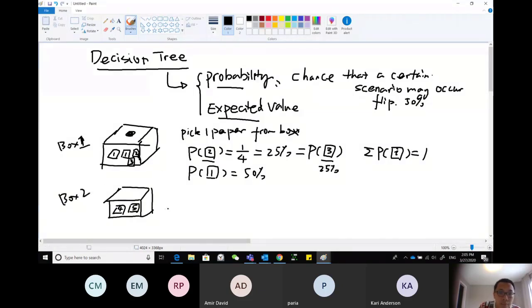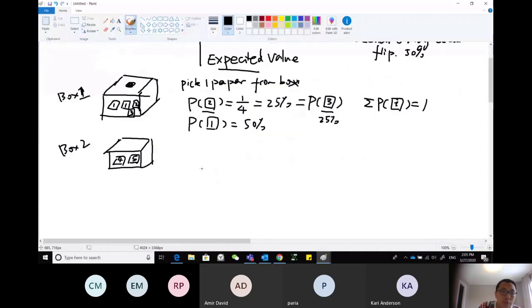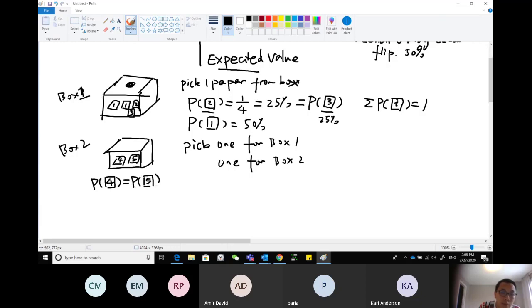Right, so now you're picking papers. Now you try to pick a paper from box 1, and pick another one from box 2, right? By the way, the probability of getting the value of 4 equals the probability of getting the paper 5 from box 2, which equals 50% if you just consider picking a paper from box 2.